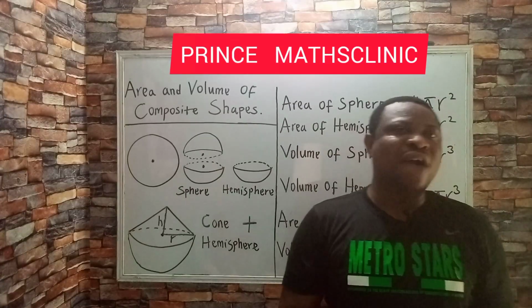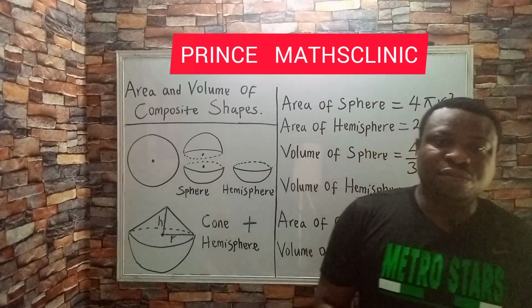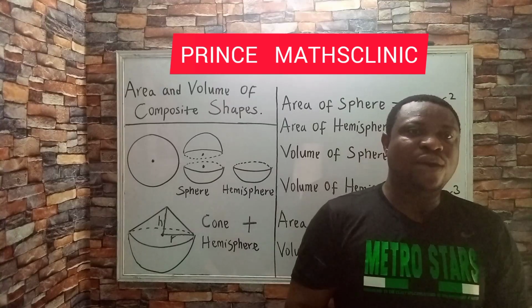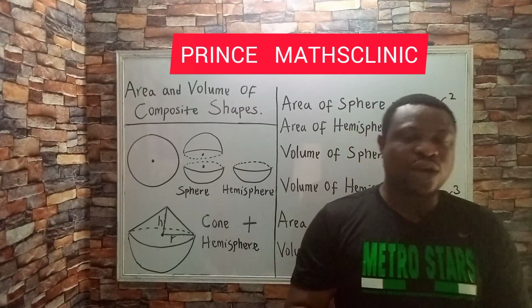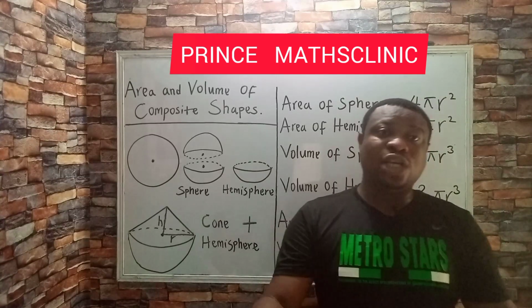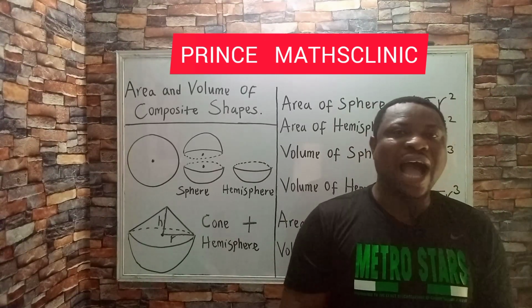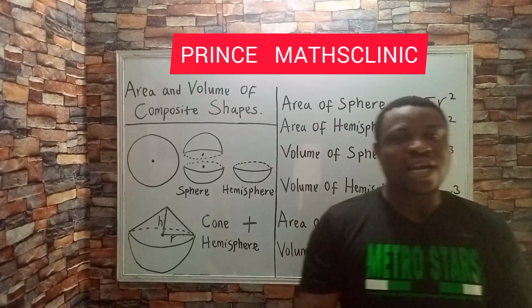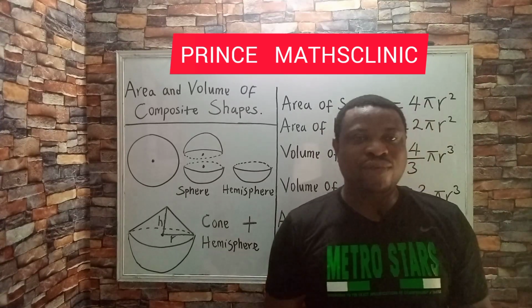Now imagine if you have a shape such that at the bottom you have something that looks like a hemisphere, at the center you have something that looks like a pencil, then at the top you have something that looks like a cone. So you see that there are 3 shapes involved there. You have a hemisphere, a cylinder, and a cone. So the interesting part is that if you are to find the area of that shape, you need to first of all know the area of a hemisphere.